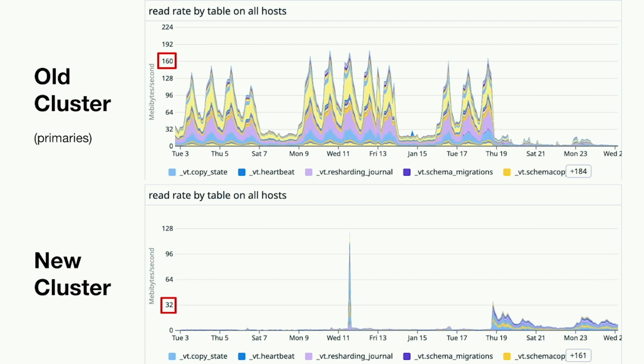And on the new cluster, I think this is 24 megabytes per second across all the primaries that we have. So what this means is we're making much, much better use of the memory that our clusters have, right? We don't constantly load data into memory and then load some other data into memory again, because the working data set is most likely held in memory all the time.